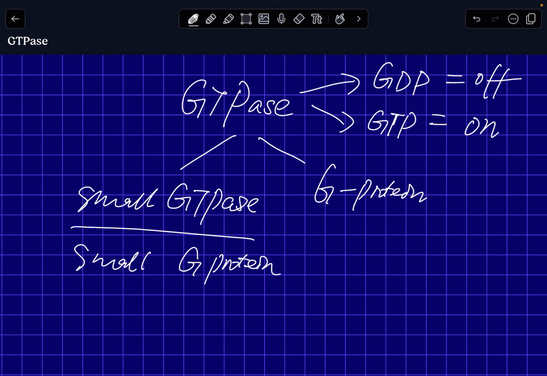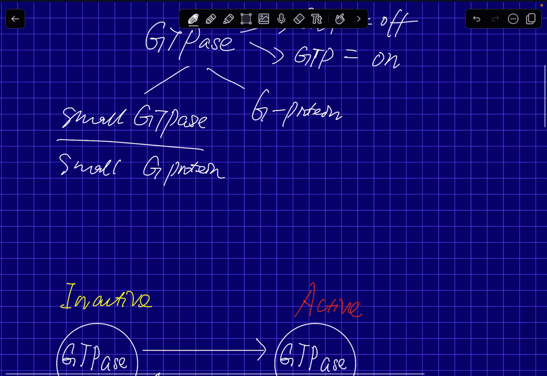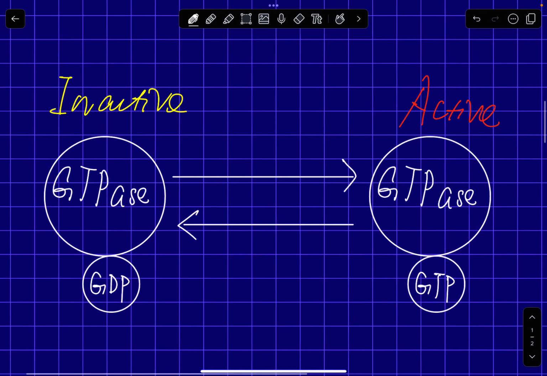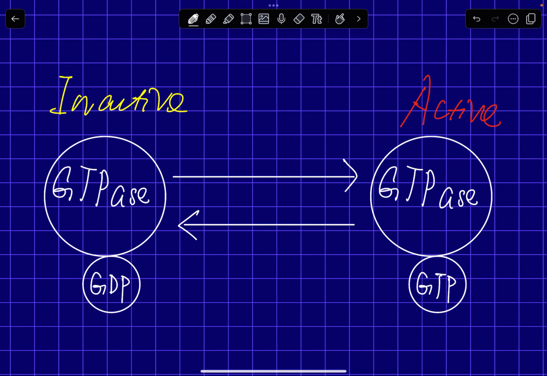We turn it on, right? It's an active form, okay? But how do we go from the inactive GTPase when it's binding to GDP to the active form when GTPase is binding to GTP? Okay, so there are two other proteins that come into play.